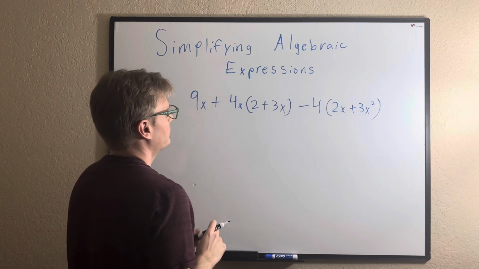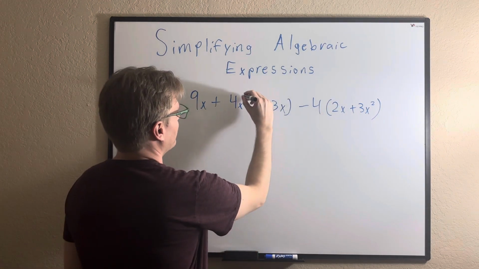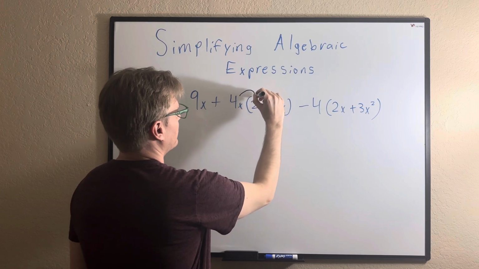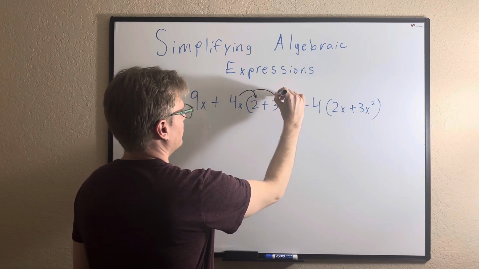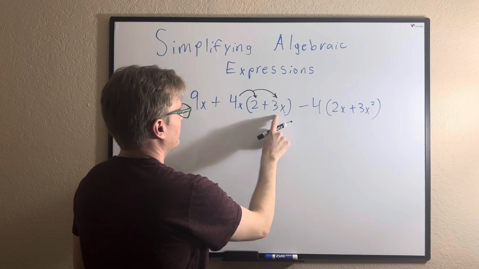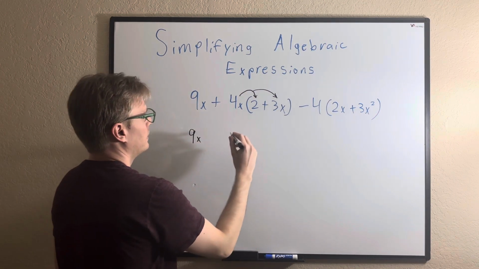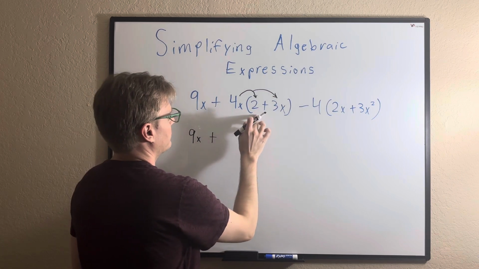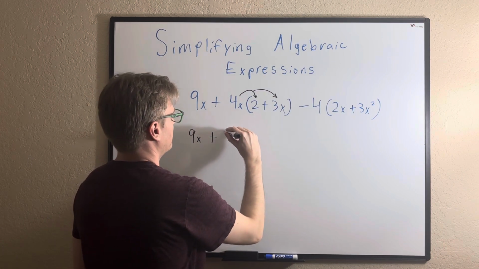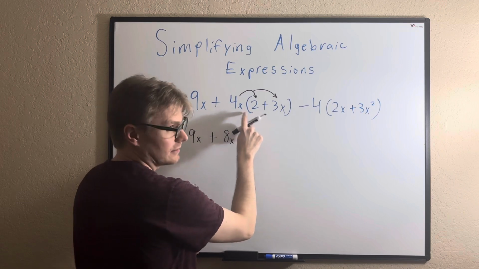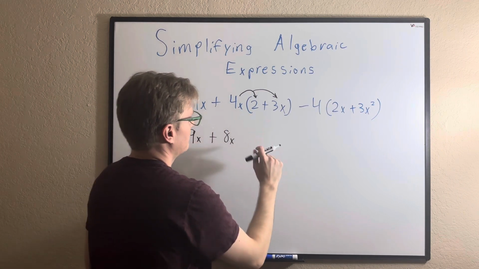So, first of all, distributive property, multiply 4x times 2 and 4x times 3x. So bring the 9x down, and we'll do that. 4 times 2, 8x. 4x times 2. Oh, there's an x.